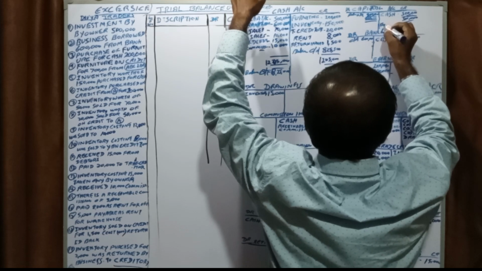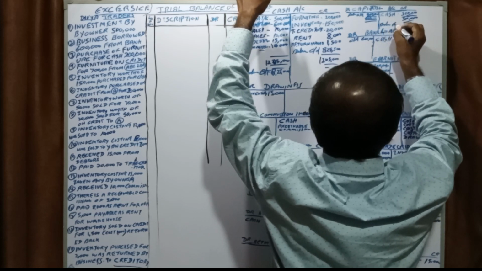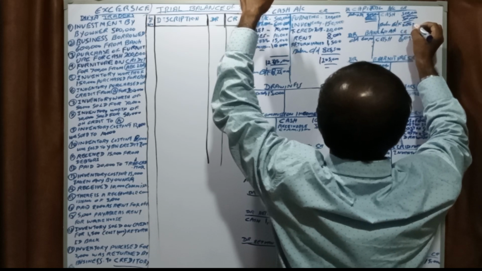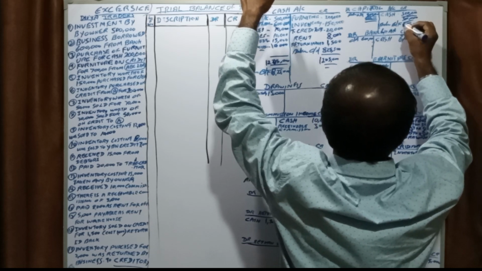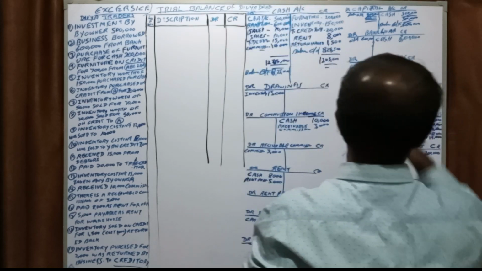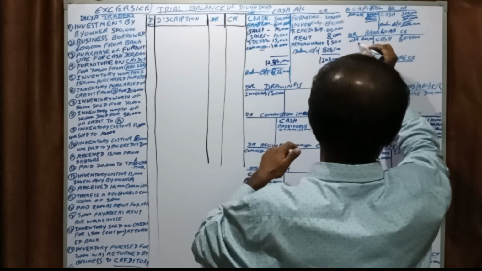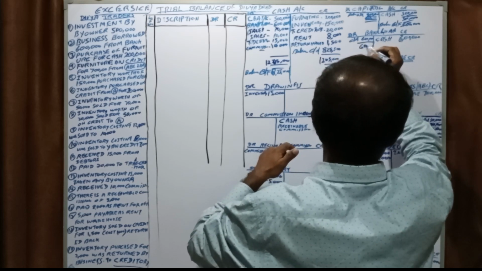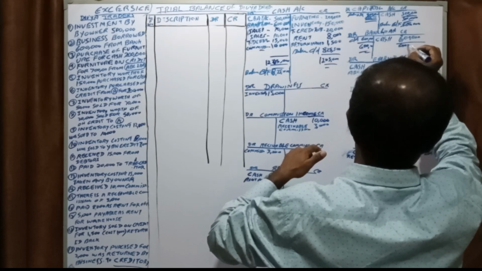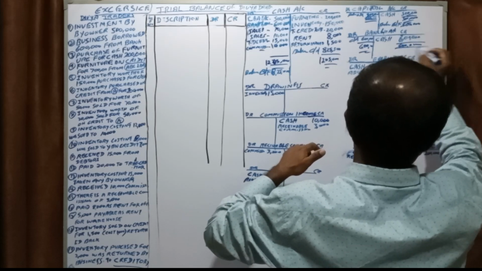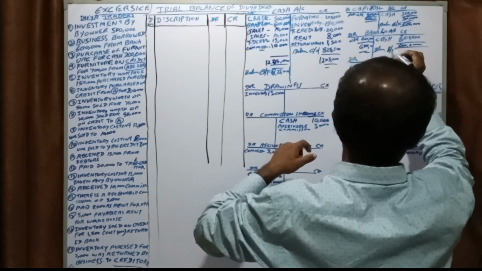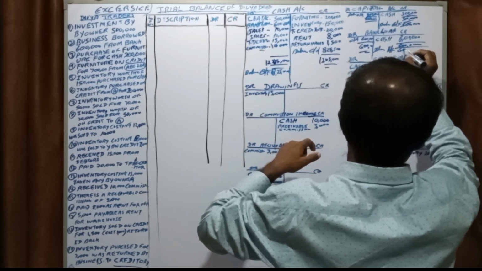Balance brought forward 500,000. Right, bank loan also 600,000. So balance carried down is 600,000, and balance brought forward 600,000.